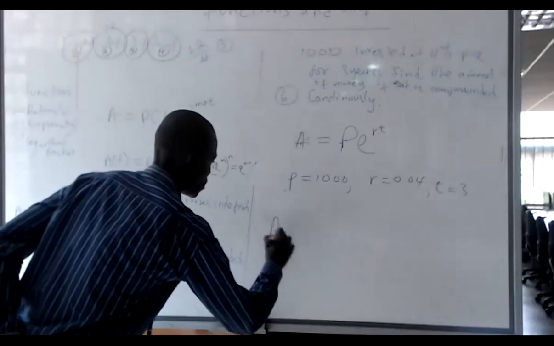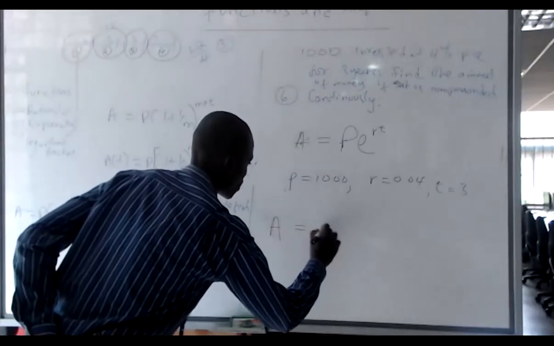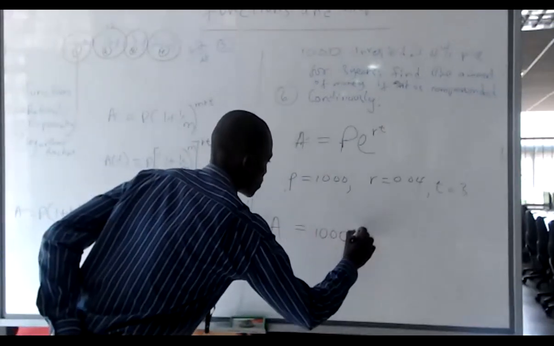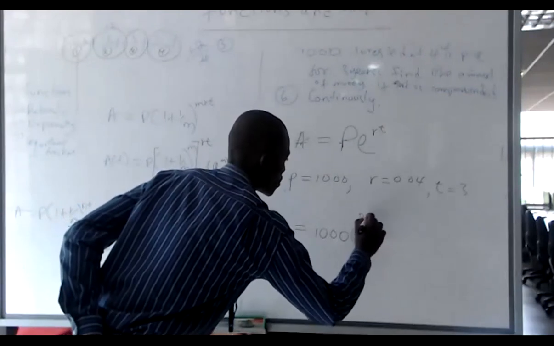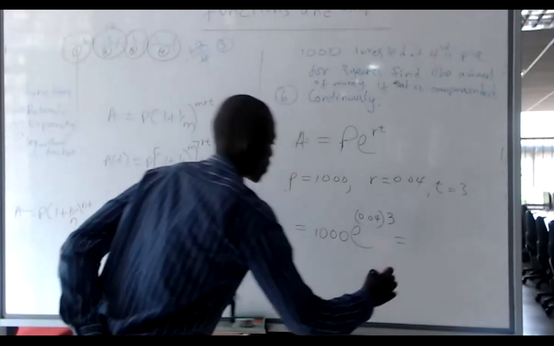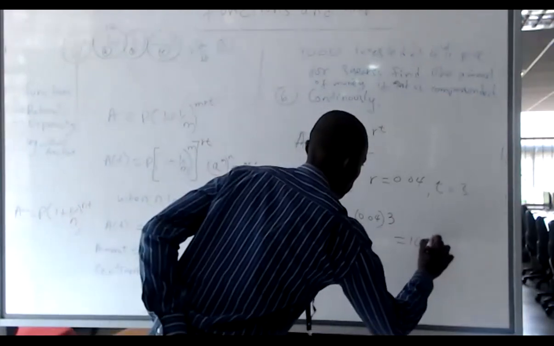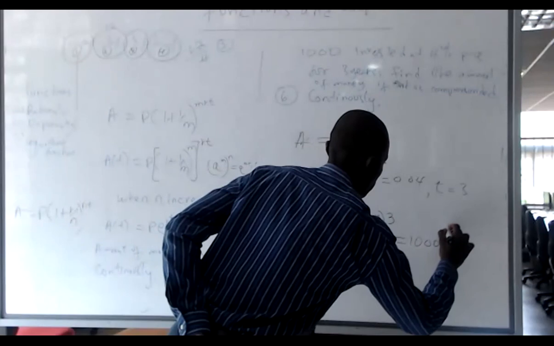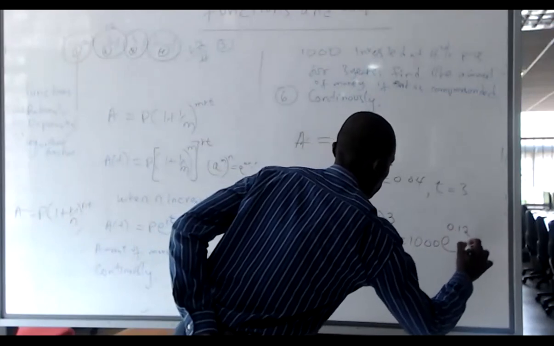So the amount will be 1,000 times the exponent of 0.04 multiplied by 3, which should give you 1,000 times the exponent of 0.12.